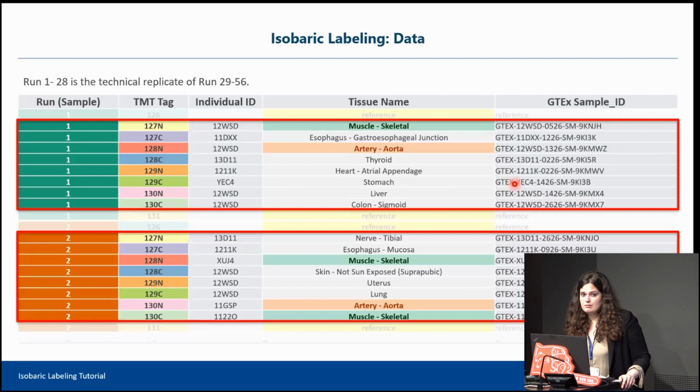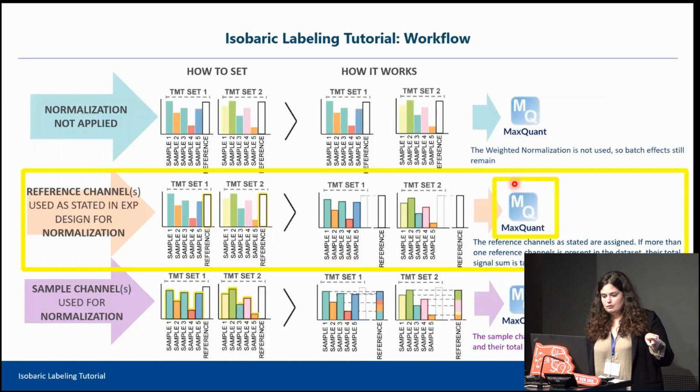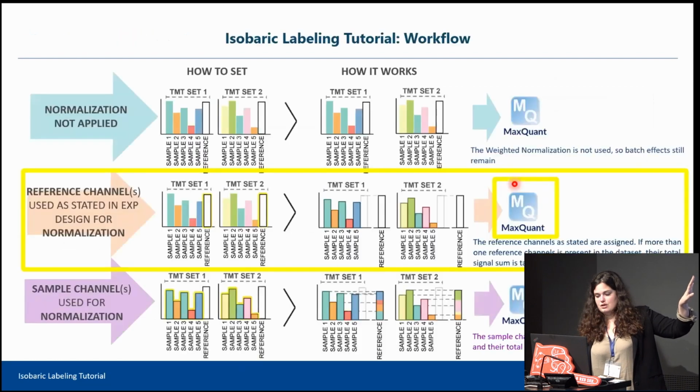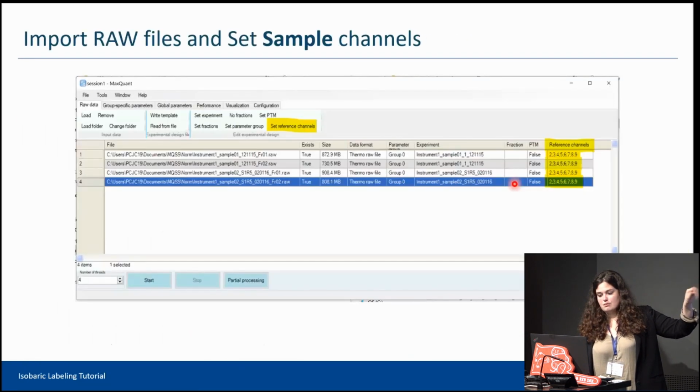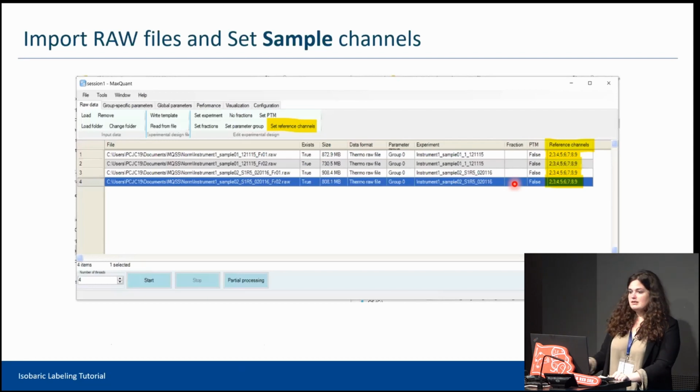The difference compared to the MaxQuant process that we saw before is that we always tell MaxQuant to do the weight normalization. So always the weight normalization, reporter MS3, Templex as usual. The only difference is that we tell MaxQuant to take the sample channels as reference channels.